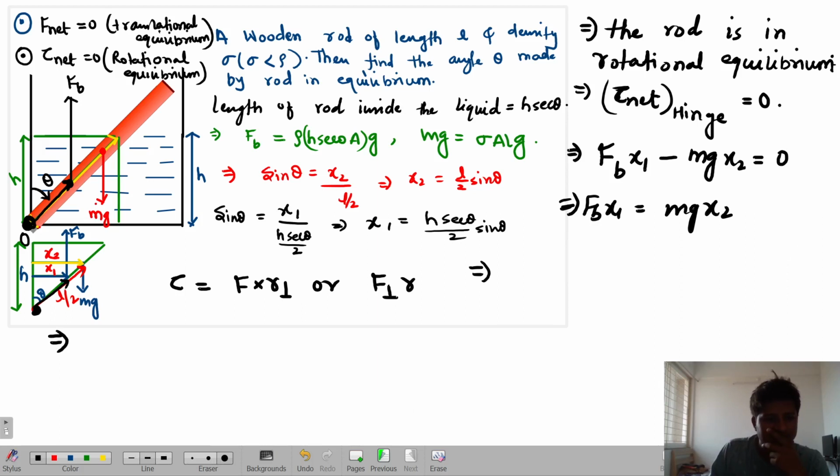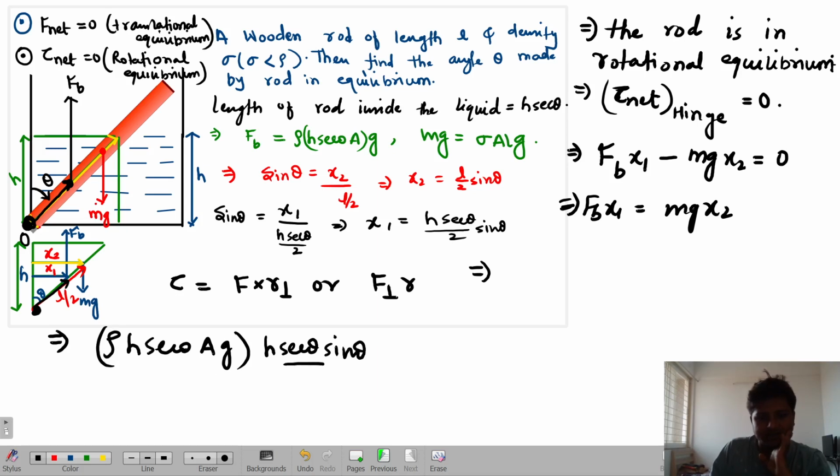X1 is for FB. X2 is for... sorry, I just wrote the wrong equation. FB is rho H sec theta area A gravity G, that is the force, and x1 is actually H sec theta into sine theta by 2, which is equal to mg, which is sigma A L into gravity G into x2, which is L by 2 sine theta.